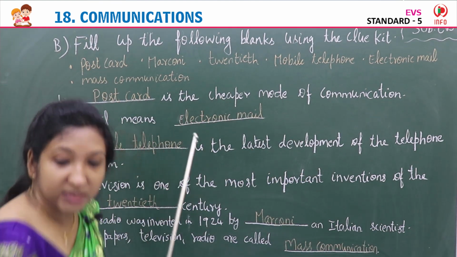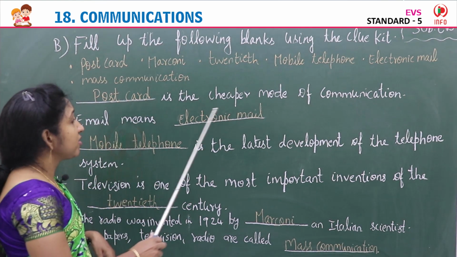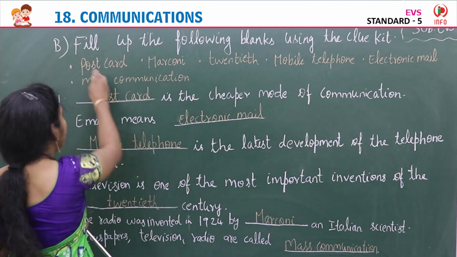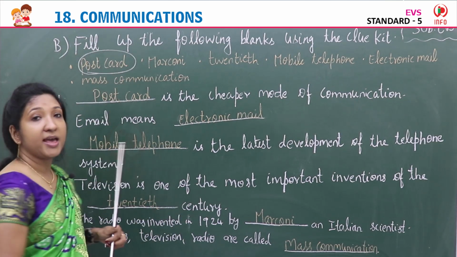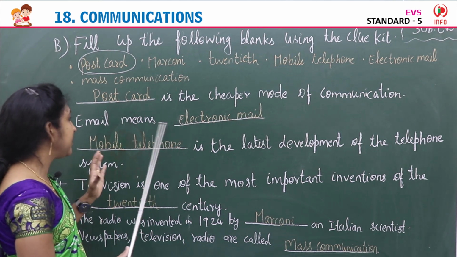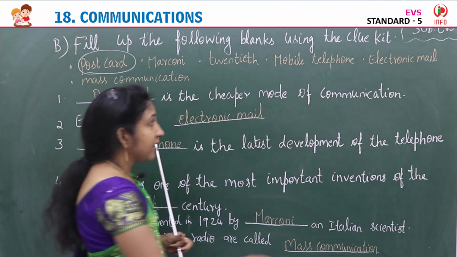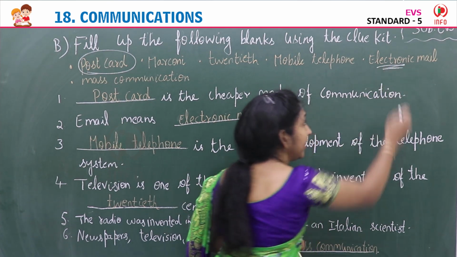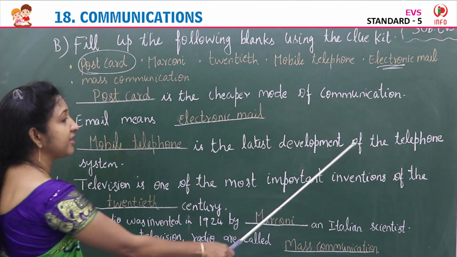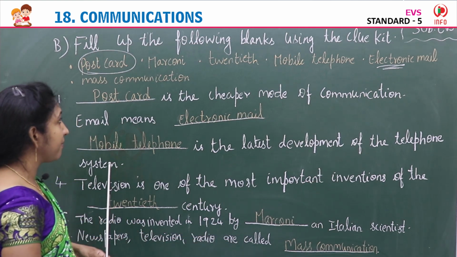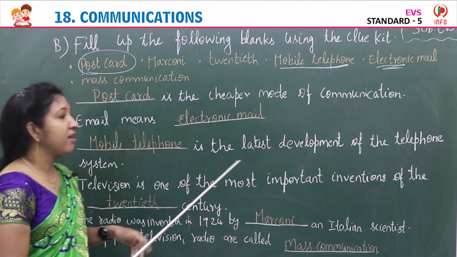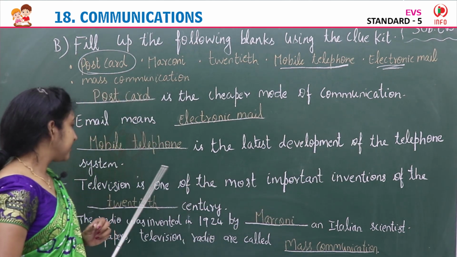So the first question is, dash is a cheaper mode of communication. Yes, what is the answer? Postcard. Postcard is the cheaper mode of communication. Second, email means dash. Email means electronic mail. Dash is the latest development of the telephone system. Yes, mobile telephone is the latest development of the telephone system.